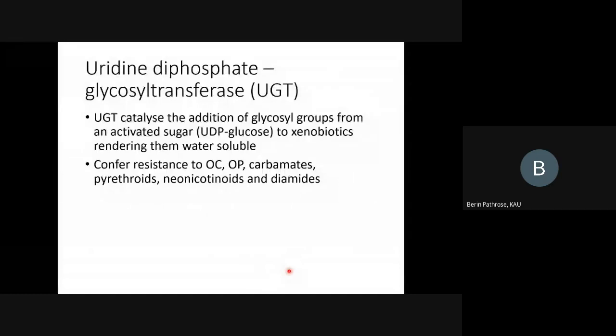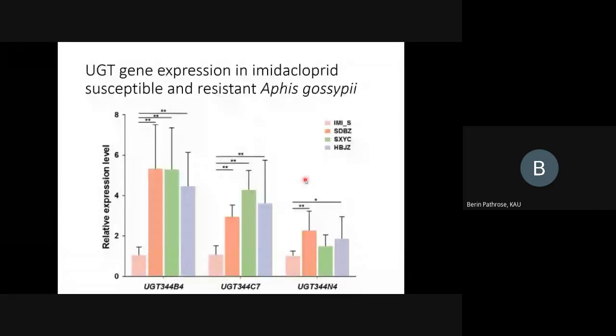So for the first paper, I have not given the authors. Actually, what they did was they studied the expression of UGT genes. Three genes you can see: UGT344B4, UGT344C7, UGT344N4, and they studied the expression of these three UGT genes in Aphis gossypii from Bt cotton.